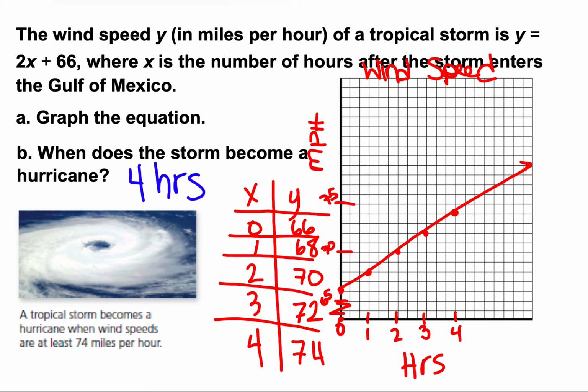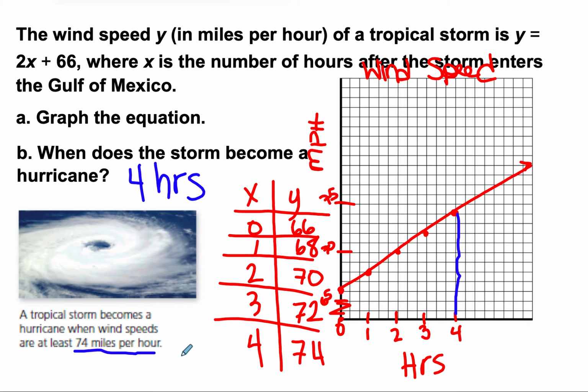And then for part B, it says, when does the storm become a hurricane? And I already have my answer there, 4 hours. Here's where that came from. So if I look down at the 4 and I look to see where it hit, it tells me down here in the story problem underneath the picture, which I didn't read to you, I should have.